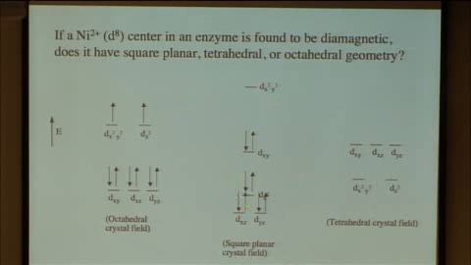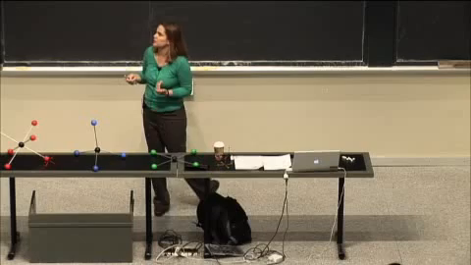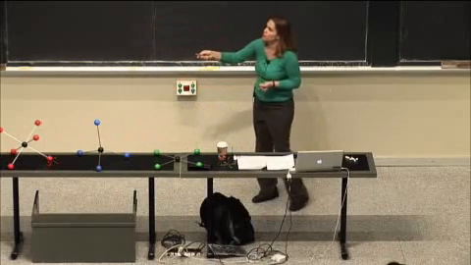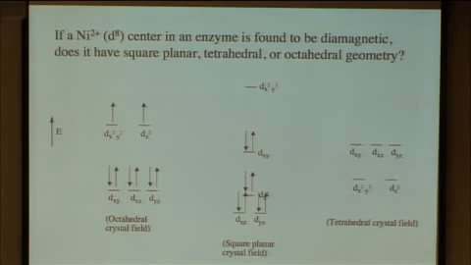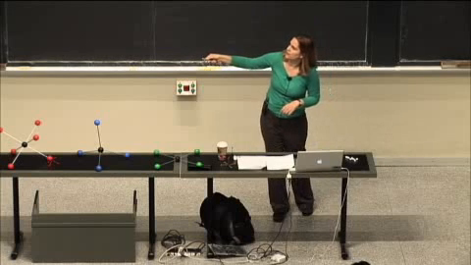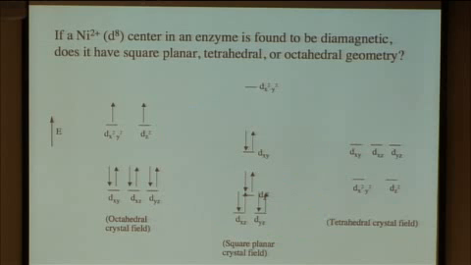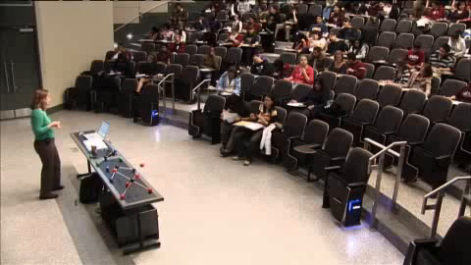We're just going to be very careful not to bump up any electrons there unless we absolutely have to, because dx squared minus y squared is very much more destabilized in the square planar system. So we're going to want to pair all our electrons up in those lower energy orbitals. Even if we did it a different way, that's what we would get. So we're going to want to pair everything up before we go up to that top one there. So there's our square planar.